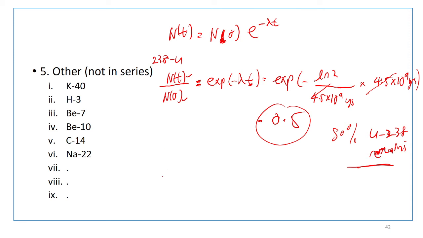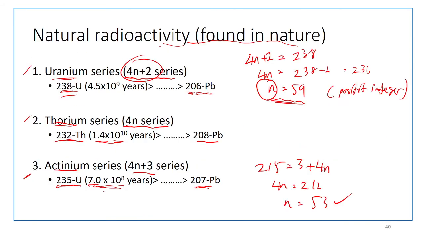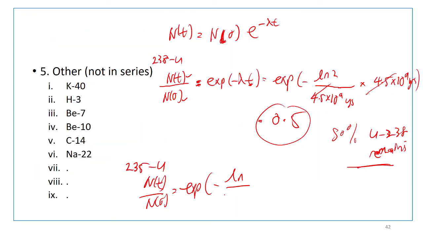Now if you do the same for uranium 235, N over N0 is equal to the exponential of minus ln 2 over the half-life of uranium 235, 7 times 10 to the power of 8 years, and the present time is 4.5 times 10 to the power of 9 years.